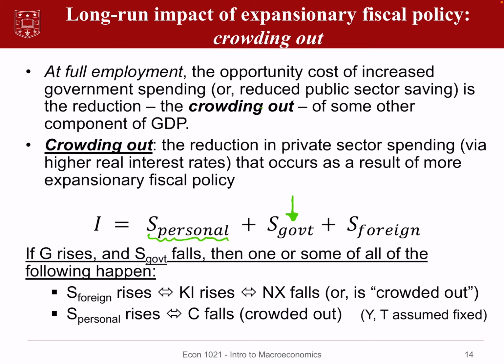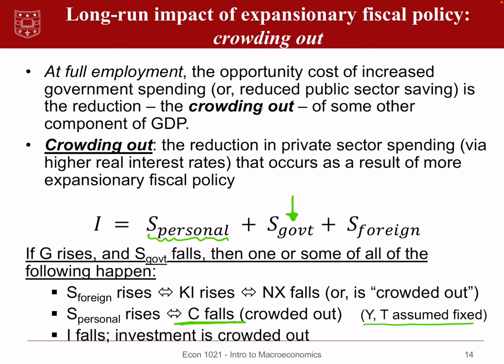And so because we need to pay off these deficits, we're going to save more. So if personal savings is rising, then it is necessarily the case out of a given level of income, and we're not changing income, right? We're assuming that income and taxes are fixed, that consumption has to fall or consumption gets crowded out.